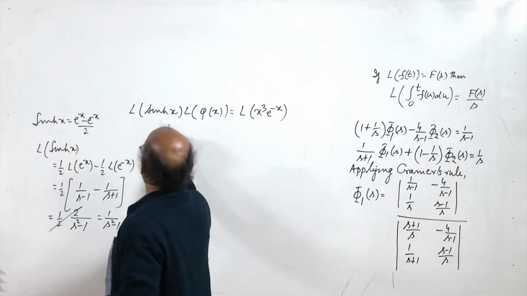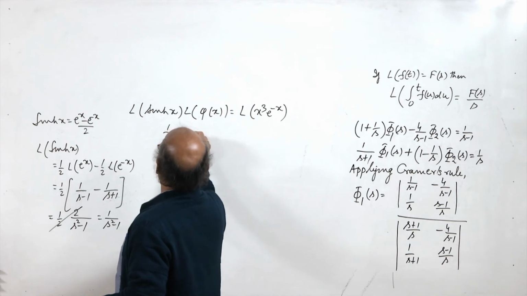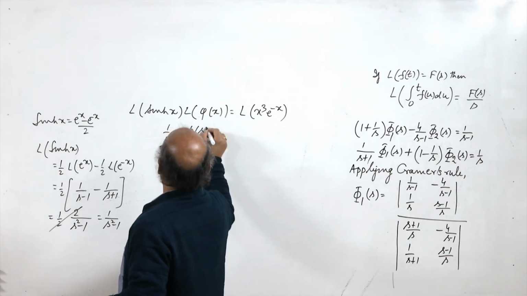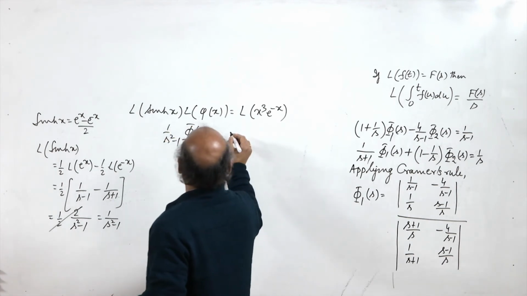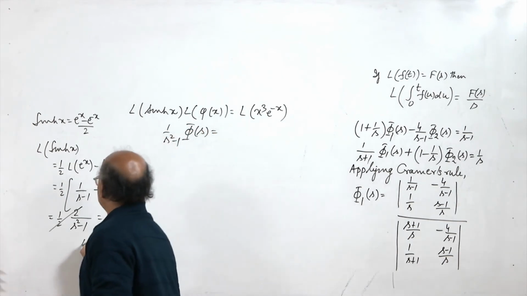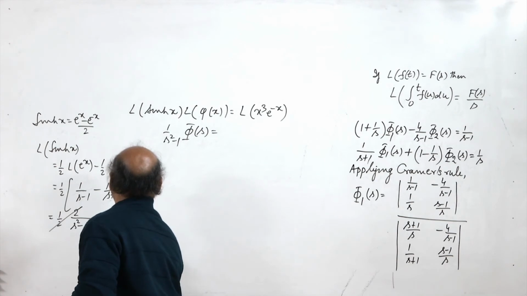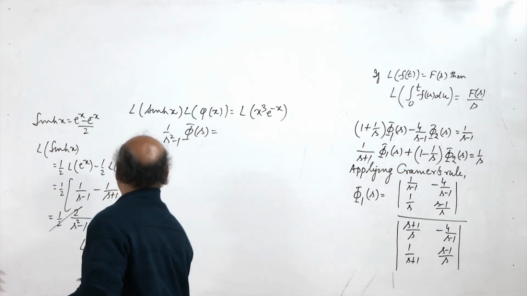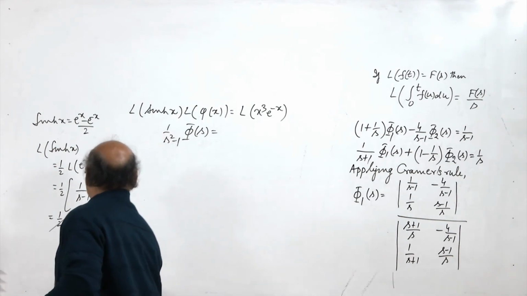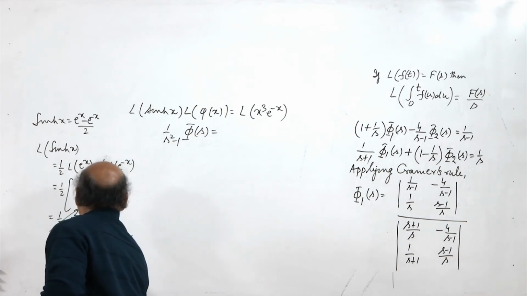So, this is 1 over s square minus 1 into phi bar(s) equal to, now, the Laplace transform of x cube, which is 3 factorial divided by s to the power 4. When you multiply by e to the power minus x, let us apply the shifting theorem.